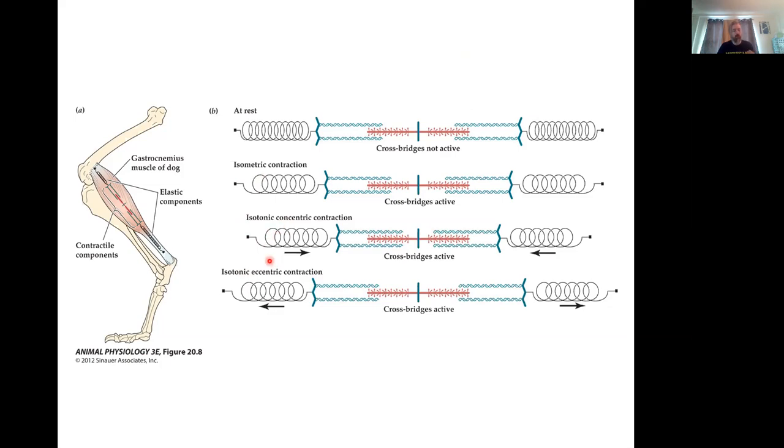Okay, so if the muscle does not change length, we form cross bridges, we're providing tension, which again is just the force of a muscle contraction, but we don't actually shorten, right? So I used to use the example of going out in the parking lot and trying to pick up Dr. Diaz's truck. I guess I could still do that, even though his truck is at his house right now and I'm not in the parking lot.